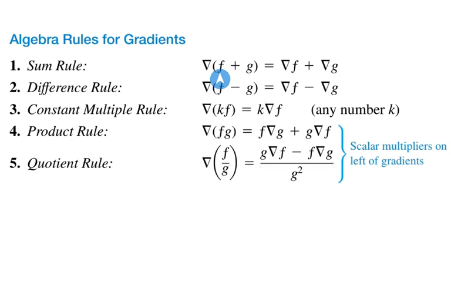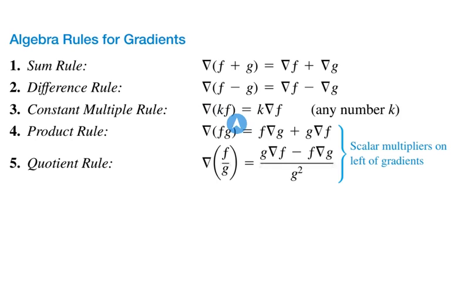the gradient of f plus g is just the gradient of f plus the gradient of g. So the gradient of the difference of two functions would be the gradient of f minus the gradient of g. So the gradient of a difference is the difference of the gradients.